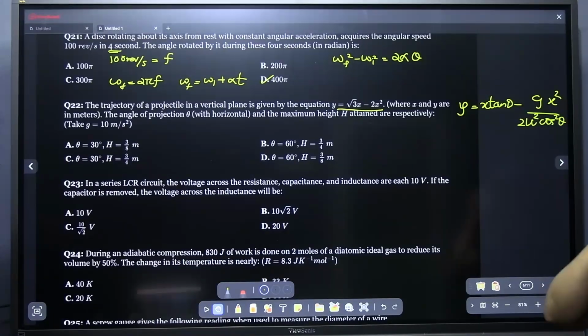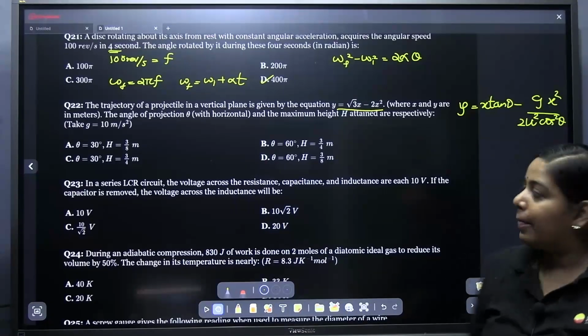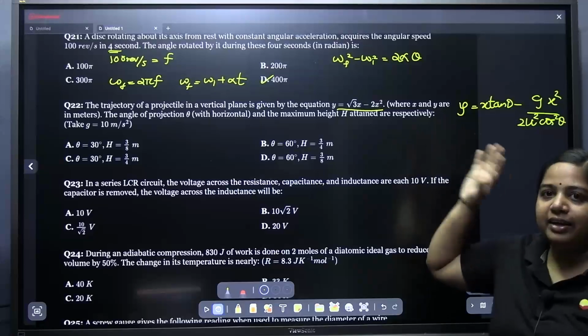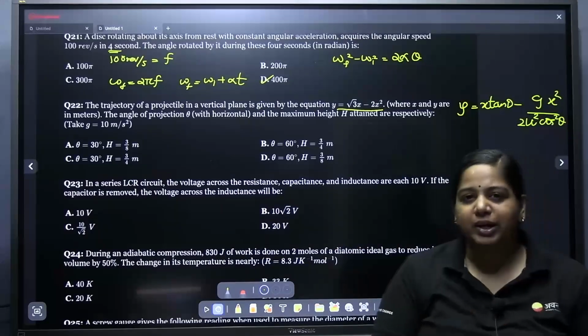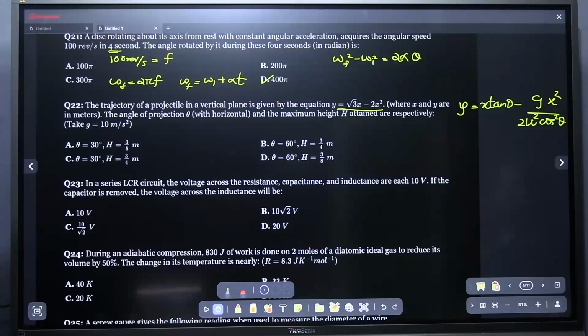Okay, this is the formula for the trajectory of a normal projectile motion. If you have doubt regarding how we are getting that, please go and refer to the topic. Now we don't have the time to explain it completely.